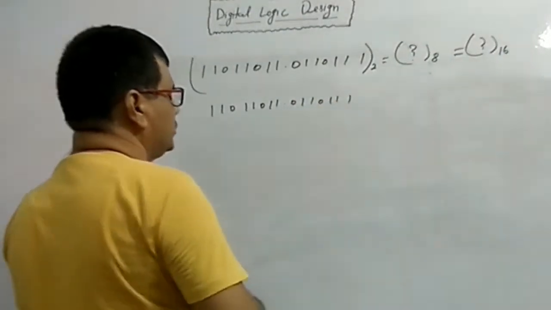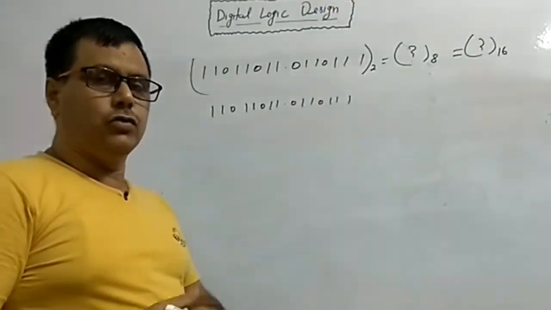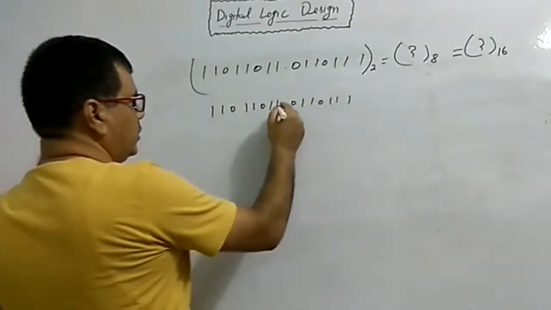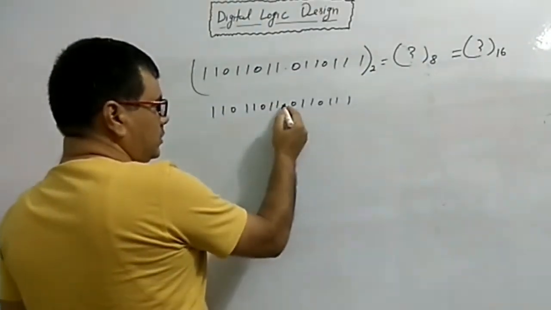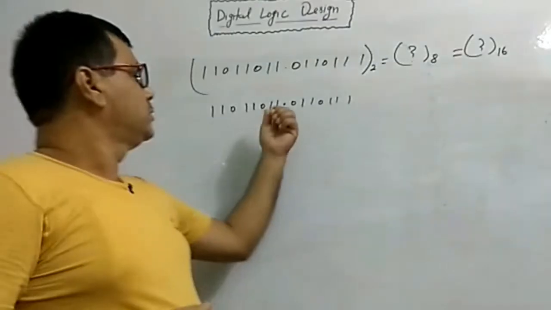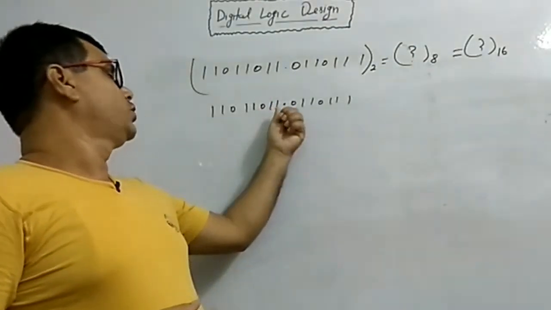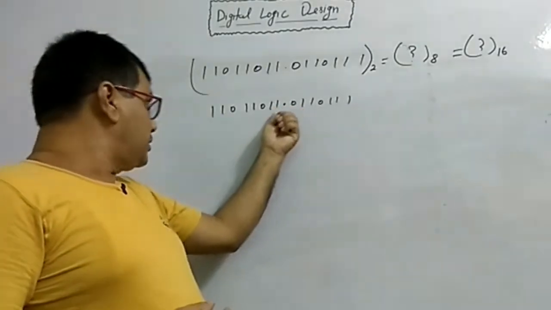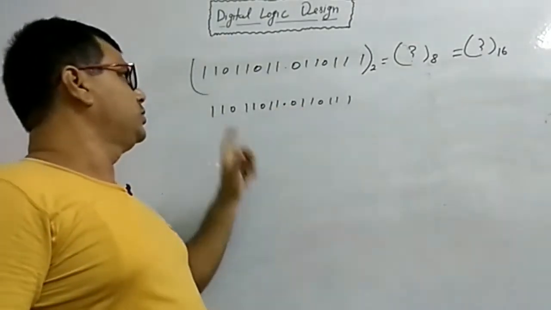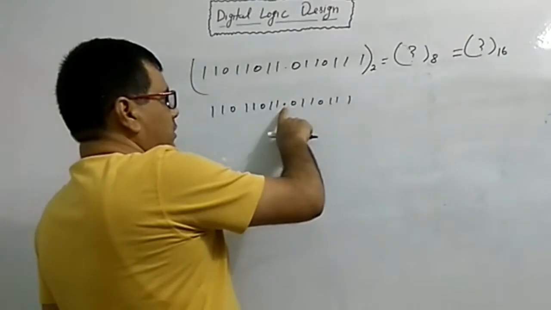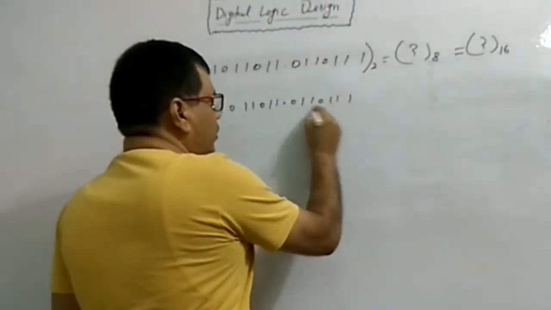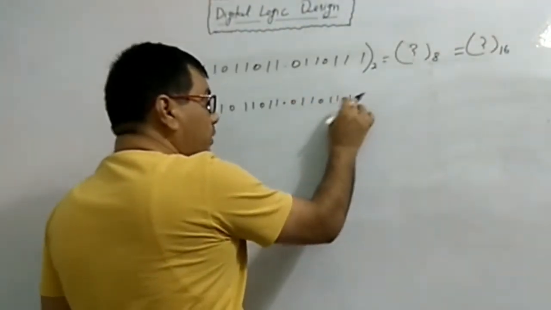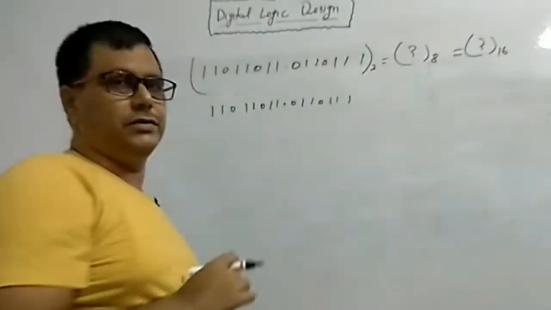11011.0110111, you will start taking groups of 3 bits. From the decimal point to the left side we will start from LSB to MSB, and from the decimal point to the right side we will start from there. We will not start grouping from the left end directly.